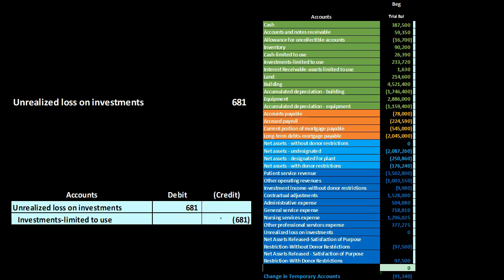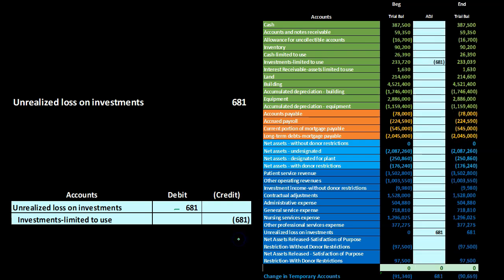Investment income that's limited to use went down. That's going to be an asset account up here. It's going down by the 681. And then the unrealized loss, so this is a loss that we have not yet realized because we have not yet sold them, is going to be going in the debit direction because it's a loss, kind of like an expense, decreasing what would be like the net income number.